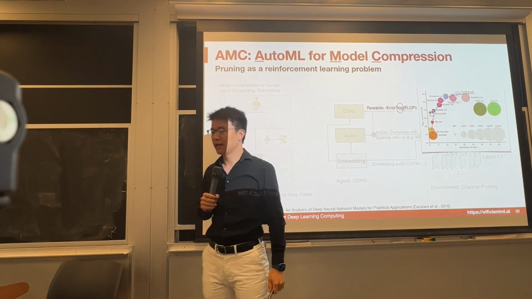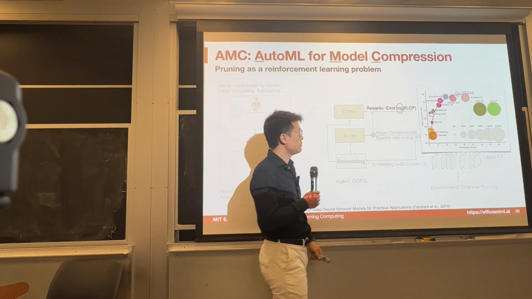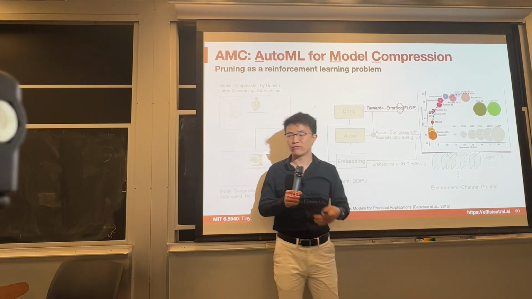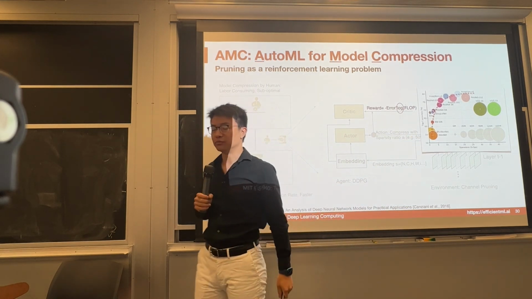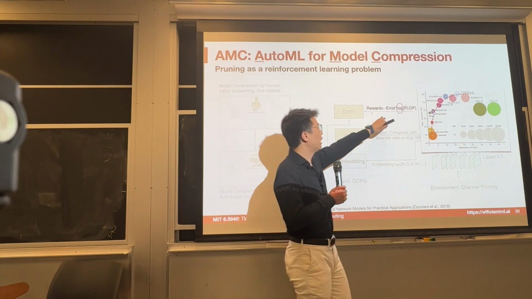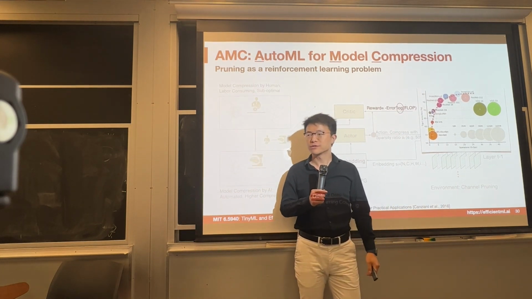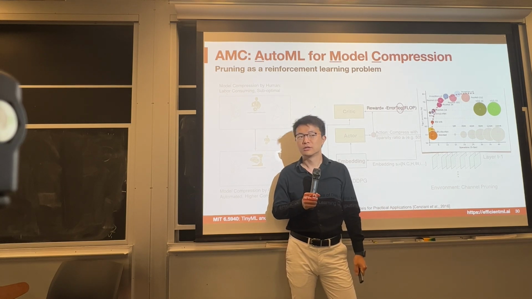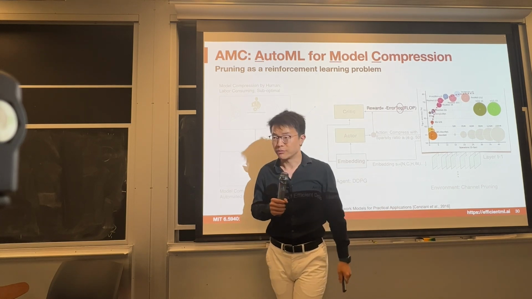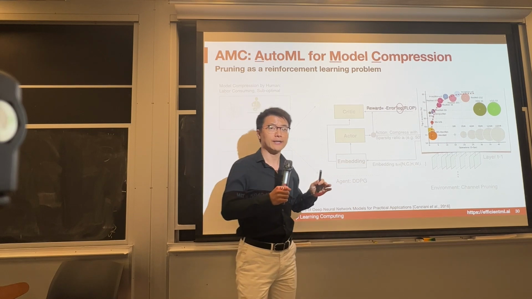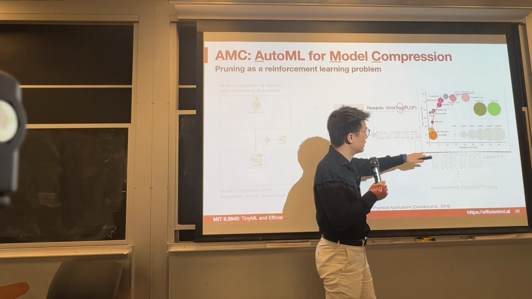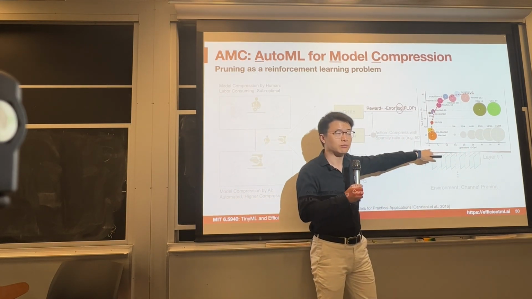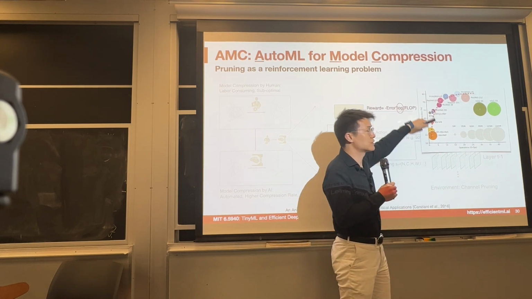And why do we do that? We want to make sure we have less computing, right? We want a low error and also low flops. Why log flops? People have done this empirically to characterize the relationship between the computation, the number of operations, versus the accuracy.